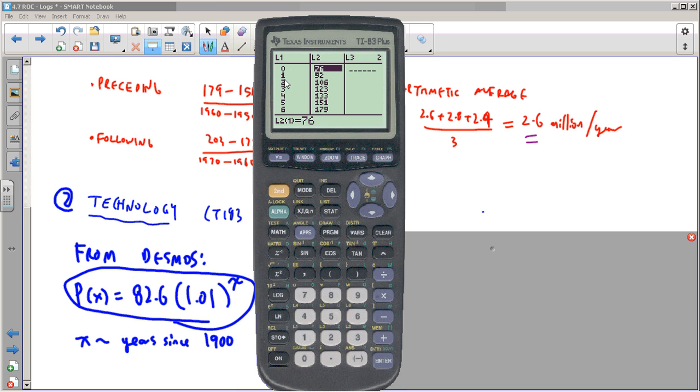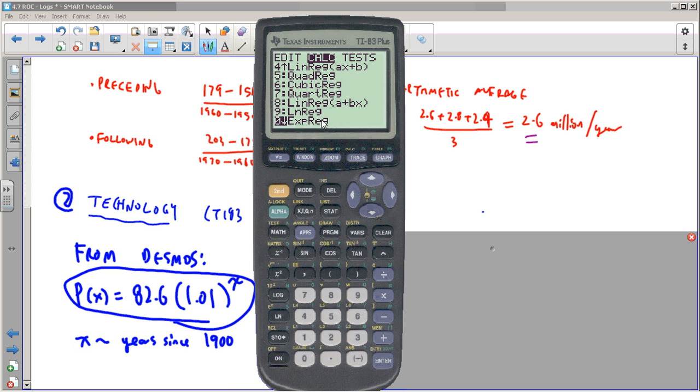I put in 1, 2, 3, and this has been the number of decades since 1900, not the number of years. So I can come up with a slightly different model, but I have to keep remembering what that means. That when I get an answer, X is in decades, not in years. And then I did my exponential regression. Right? Calc went down to exponential regression here.